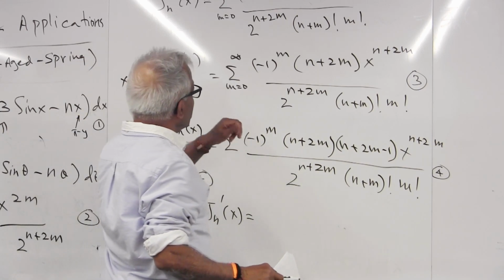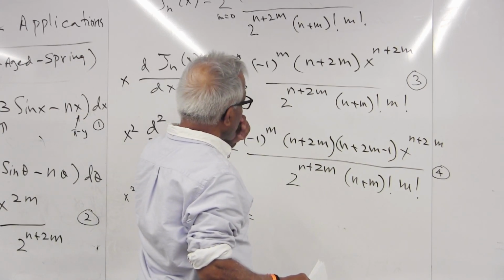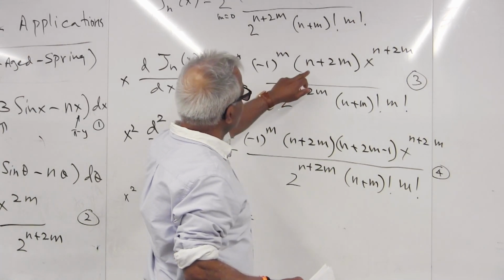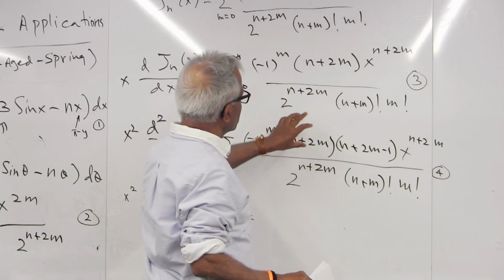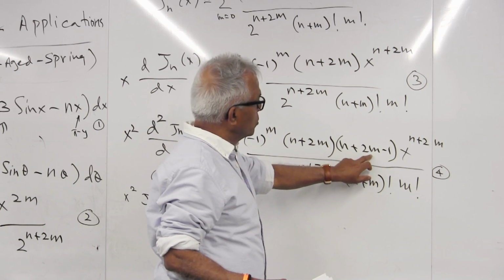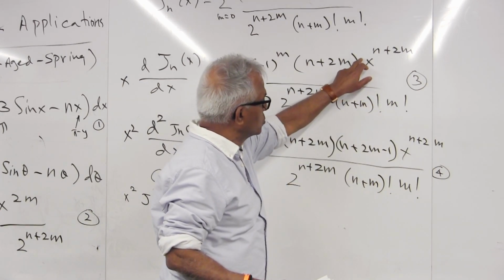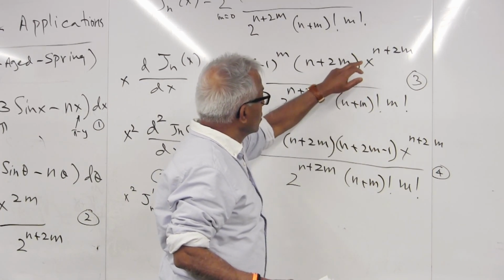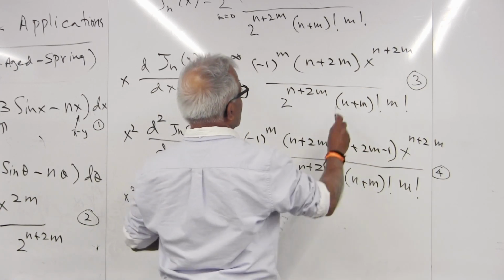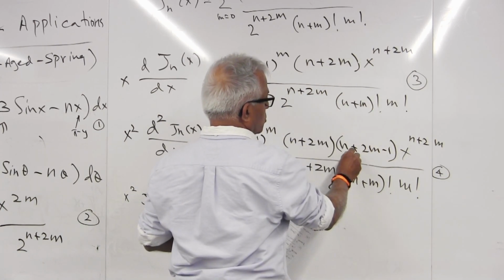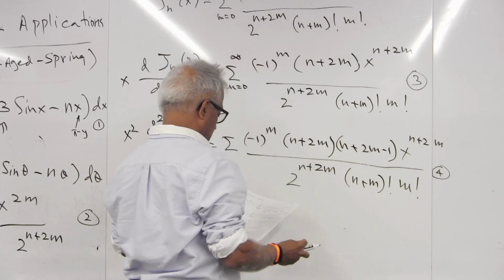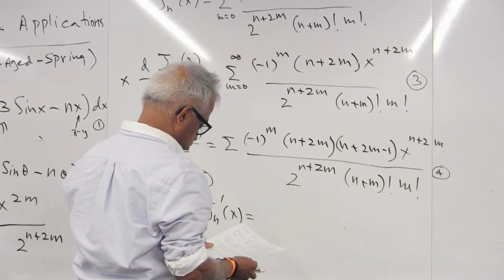So we can do it by looking at it. Notice that n plus 2m is common, n plus 2m is common. So you have n plus 2m minus 1 plus 1. So when you add this plus this, think of 1 here. So this will become n plus 2m squared.